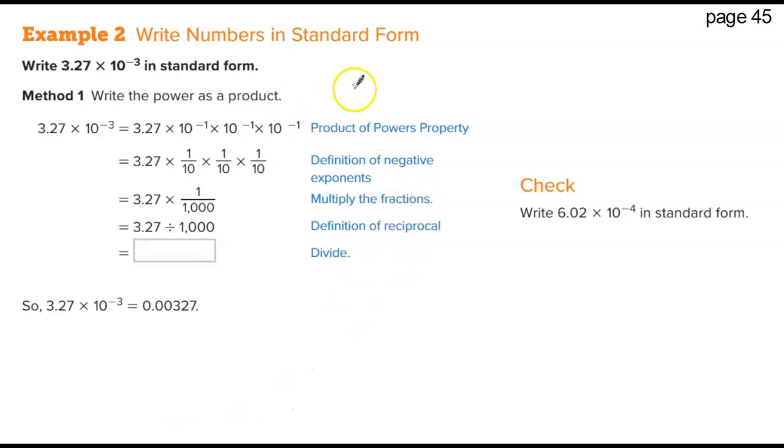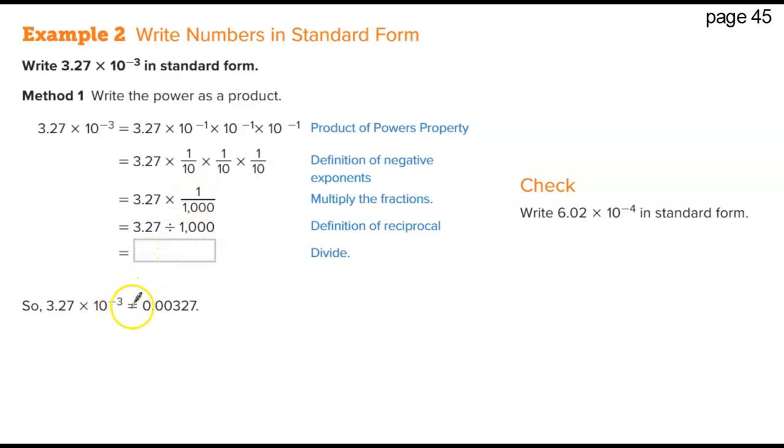Example number 2. Write numbers in standard form, okay? So here they're giving us scientific notation again, but this time we have a negative exponent. Negative exponent means move the decimal to the left. This is their method 1 where you do it as a multiplication, but they want you to do this with fractions, and I don't think any of you want to go there.